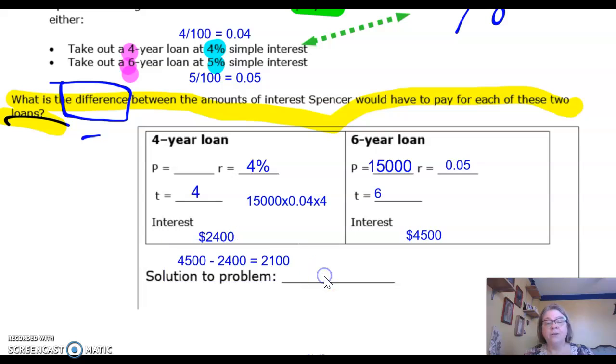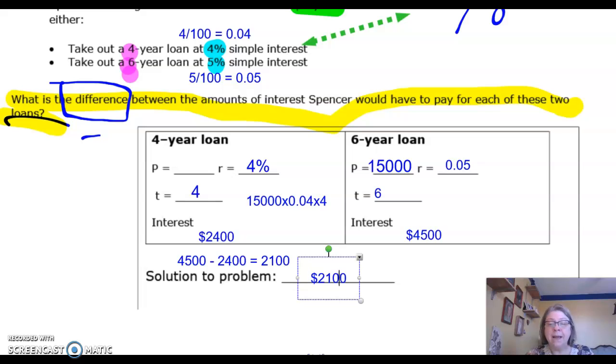So the answer to the problem is that it is a $2,100 difference. So you would make $2,100 more if you invested it for just a little bit more interest, and you kept it for 2 more years. And that's one of the things that we're going to see with interest, and that is that the time element is what makes the big deal.